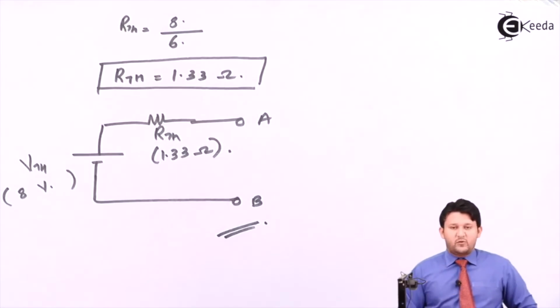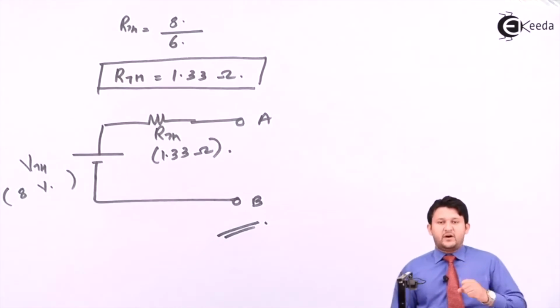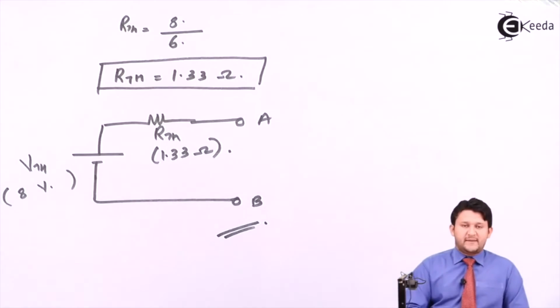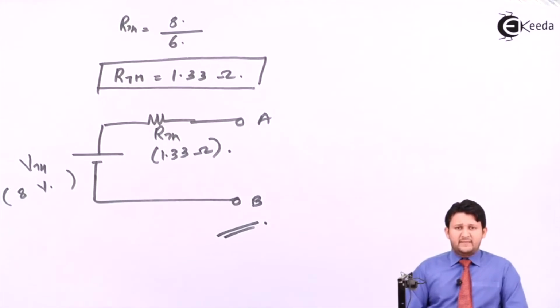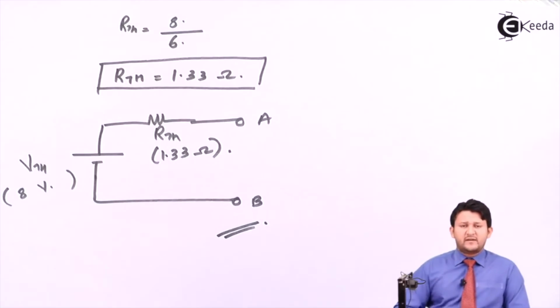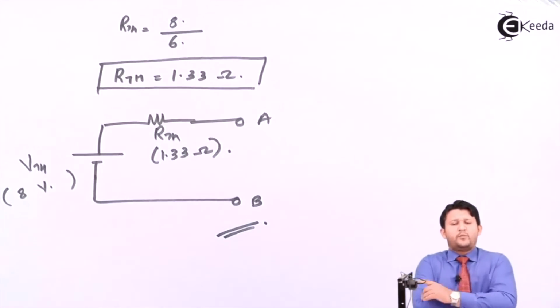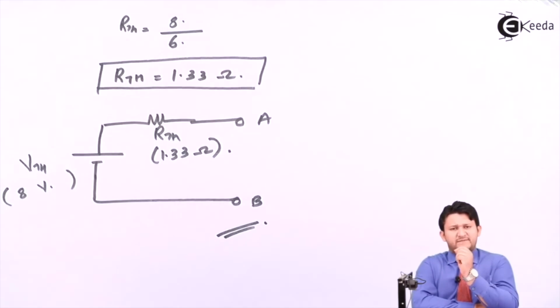Let's revise it once more, my dear friend. At the end, any kind of Thevenin circuit is divided into 3 steps. Your step number 1 deals with Thevenin's theorem, VTH. If I need to find VTH, the first point is to put A as positive, B as negative. Second, between A and B, write VTH.